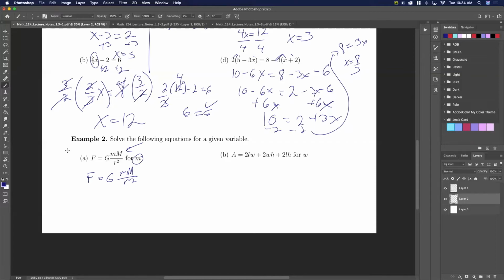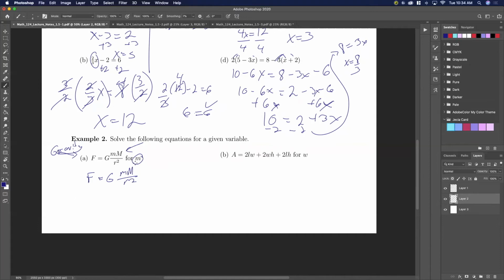This is the force of gravity. This is gravitational force. So the force of gravity is equal to the gravitational constant times the little mass, and most of the times, the bigger mass, divided by the distance between them squared. And so that's where this comes from.